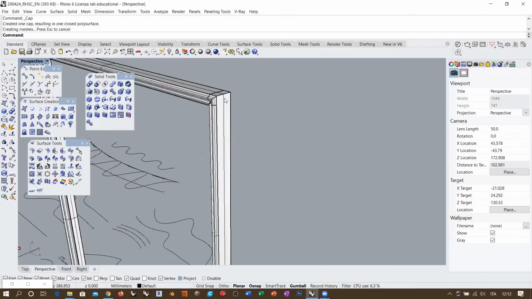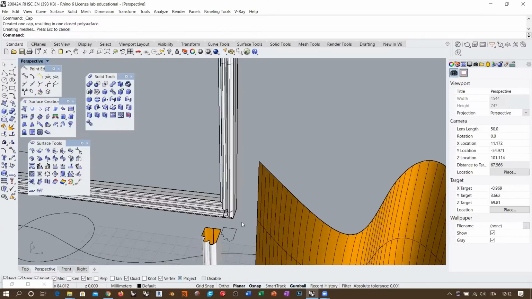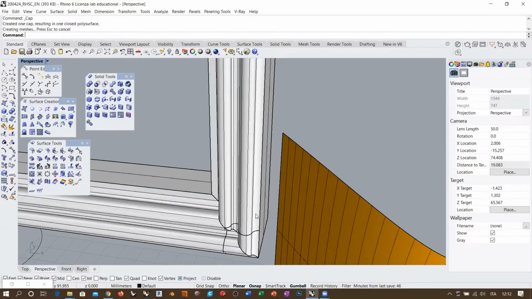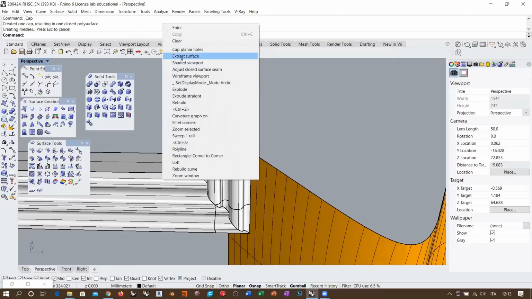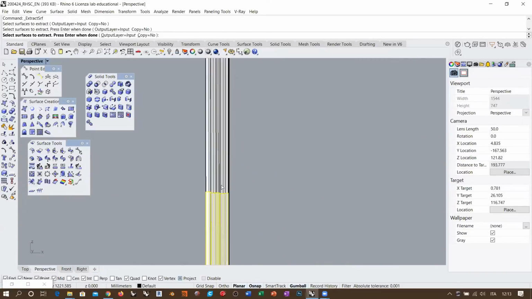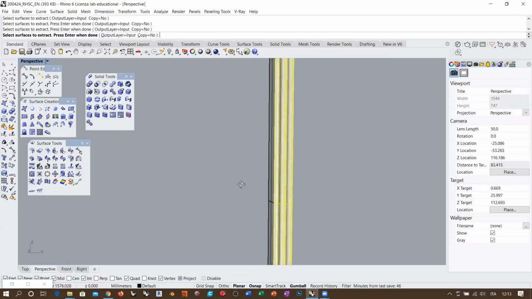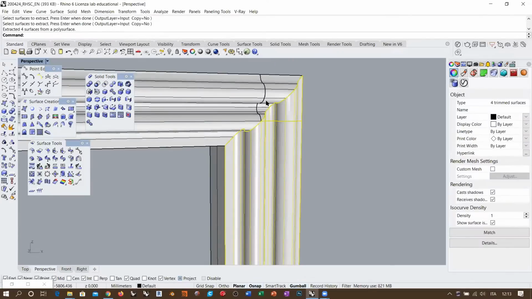And you can see that I have a smooth surface from top to bottom. But I cannot do this, for example, in these areas because this is not a planar hole, so I cannot cap it. So I would have to extract these surfaces here, all of them, also the upper half, and also this one, and get rid of them.